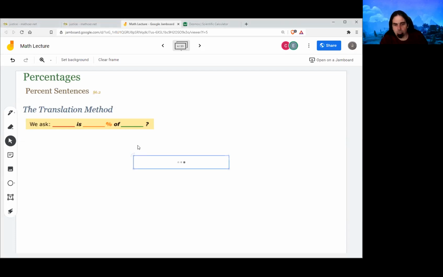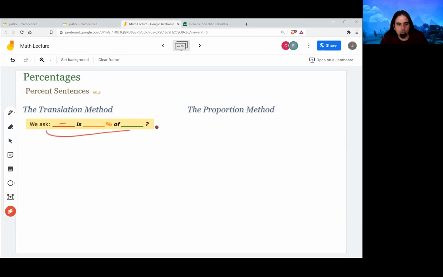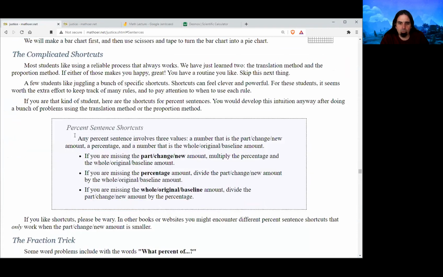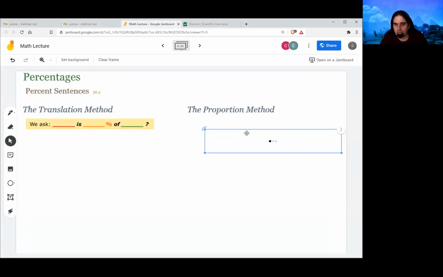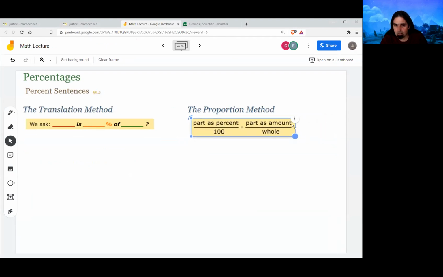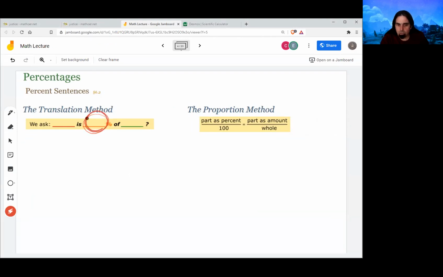If you were using the proportion method, you could write it out like we do here, like Mad Libs, blank is blank percent of blank. But it was also okay to just jump right to drawing it as a proportion. The percent number always goes in this corner.